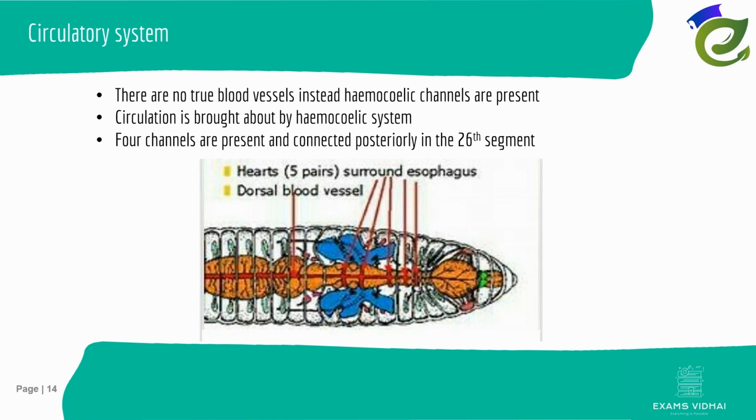We have four channels which are connected posteriorly in the 26th segment, and out of these four, two lateral channels are very important, which lie on either side of the alimentary canal, serve as the heart and have inner valves. As you can see here, we have the esophagus, which is surrounded by the lateral channels, which form the heart.